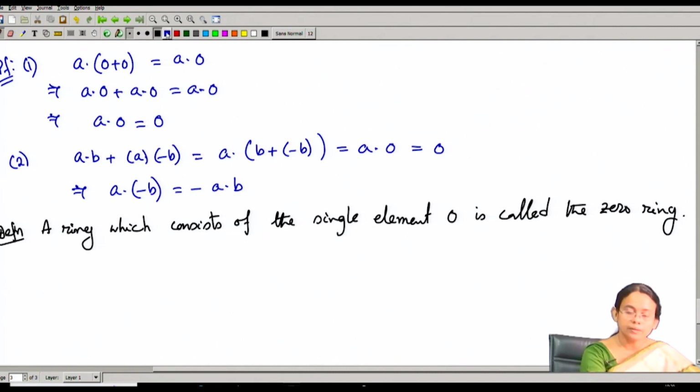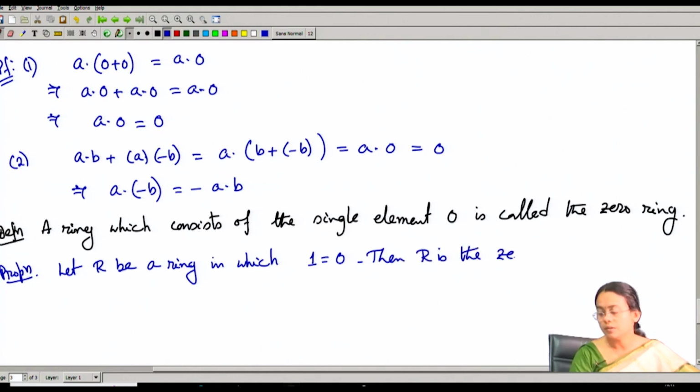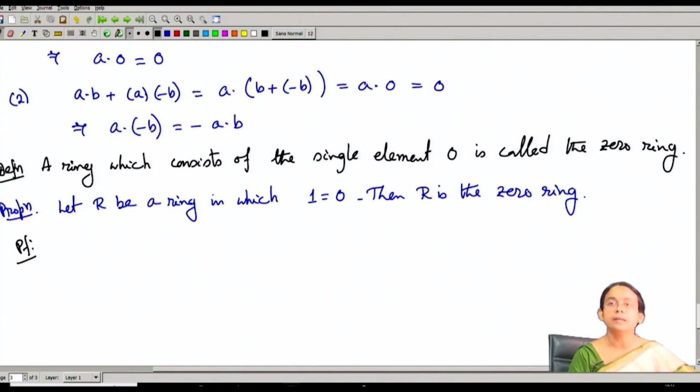I will prove next the following: let R be a ring in which the multiplicative identity is the same as the additive identity, then R is the 0 ring. How to prove it? 0 ring means I have to show that if I take any element from this ring, then it has to be the 0 element.